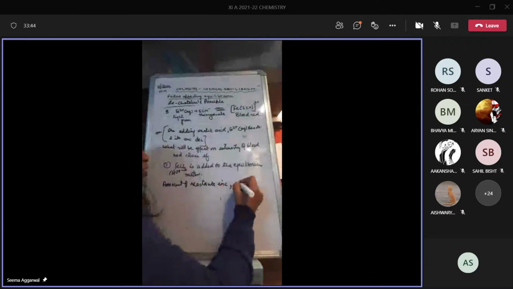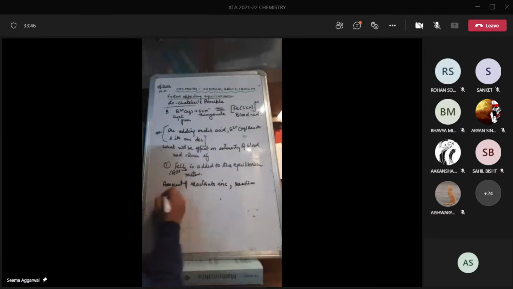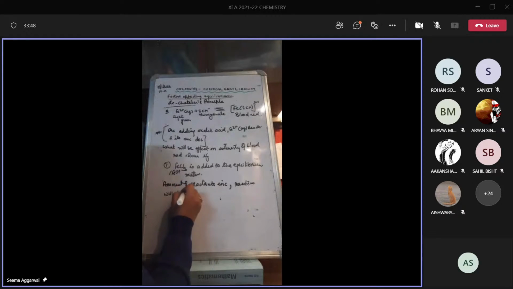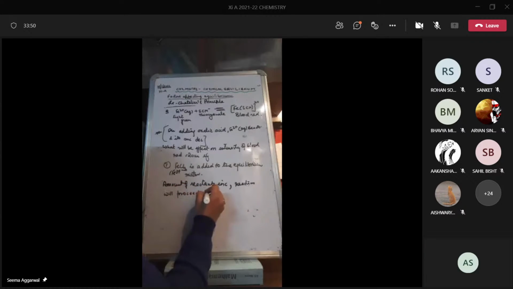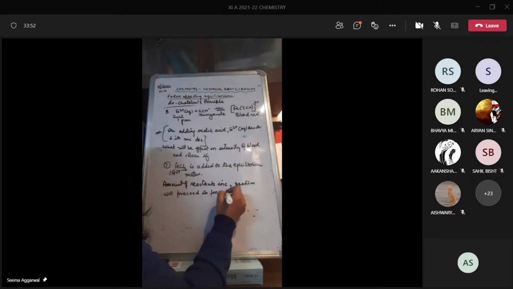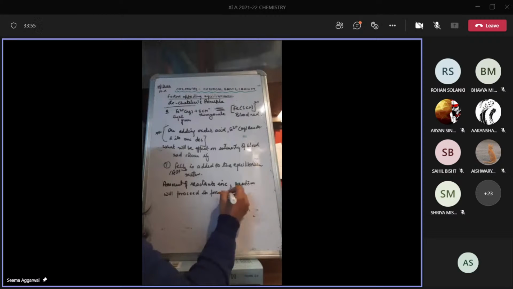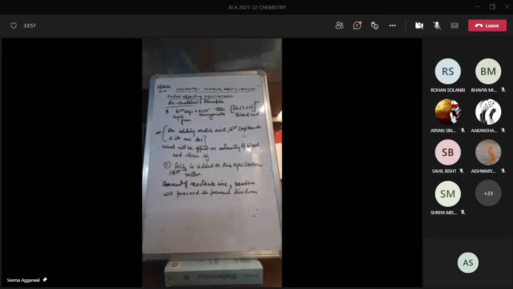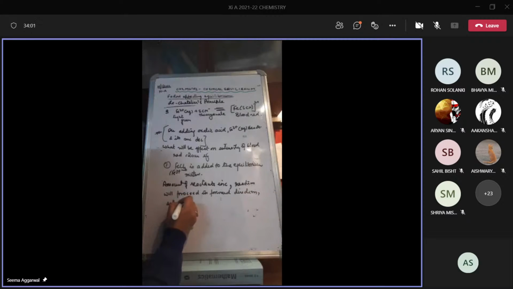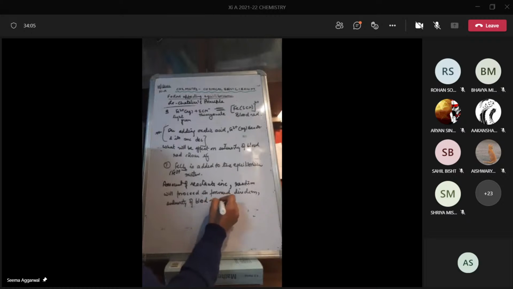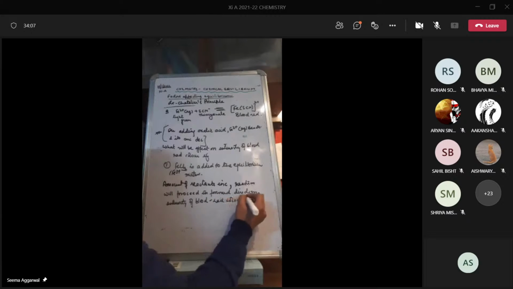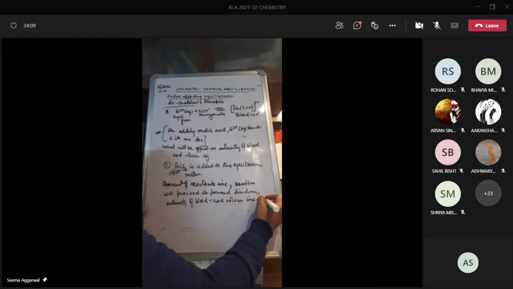Reaction will proceed in forward direction. Okay, so what about blood red color? और dark हो जाएगा वो red. Intensity of blood red color increases. Is the point clear?